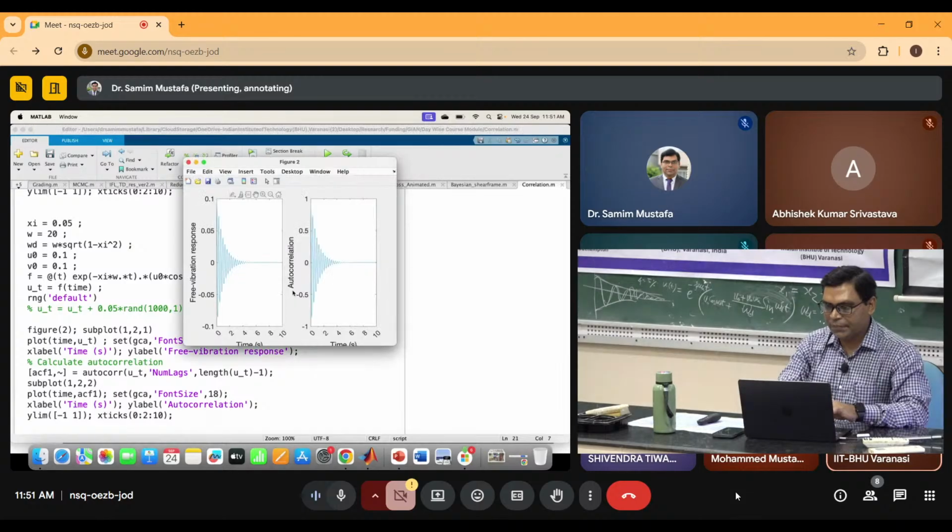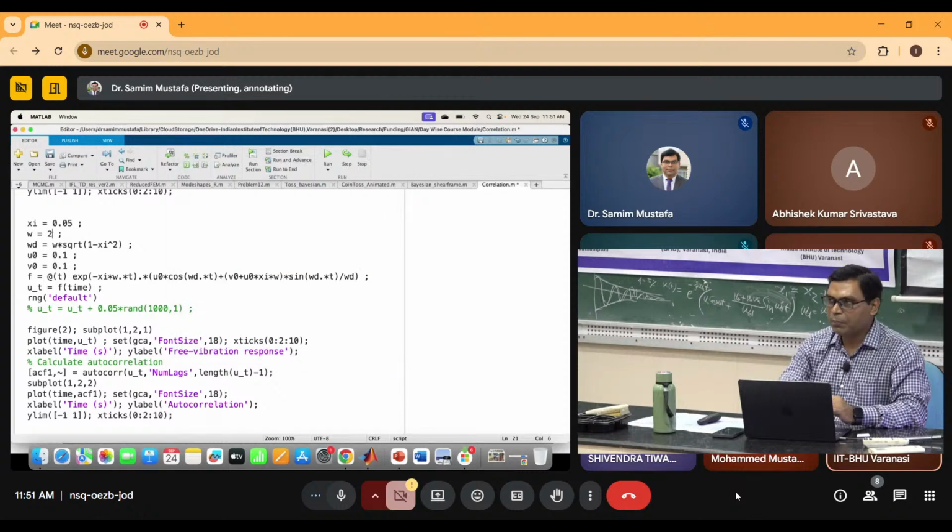Okay, now if I make it very flexible, suppose 2, what will happen? It will take a lot of time to complete one cycle. Flexible means it will take a lot of time to complete one cycle. So frequency is nothing but how much time it is taking, right, to complete one cycle. Okay, so you see 10 seconds is not enough.